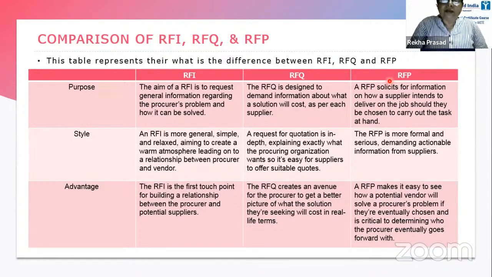Naturally, भाई हमें चाहिए और वो मिल रहा है, मगर whether I can afford it or not, so I have to go to some other supplier which will be giving the same thing but at a lesser cost, whatever it is. So ये second step हो गया. RFP makes it easy to see how a potential vendor will do the work.